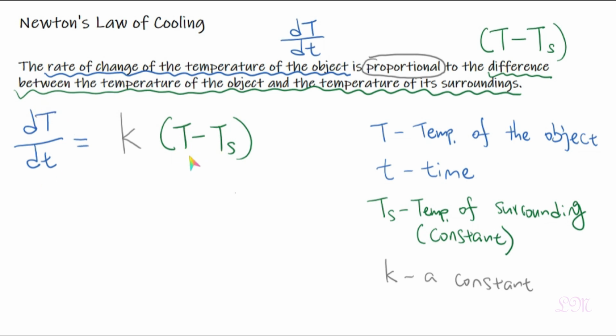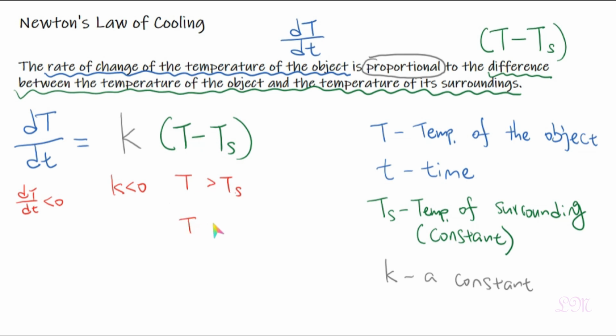If the temperature of the object is greater than the temperature of the surroundings, so T minus T sub s must be a positive number, then we're talking about cooling here. That means dT over dt must be negative. In order for that to happen, our little k must be a negative number.